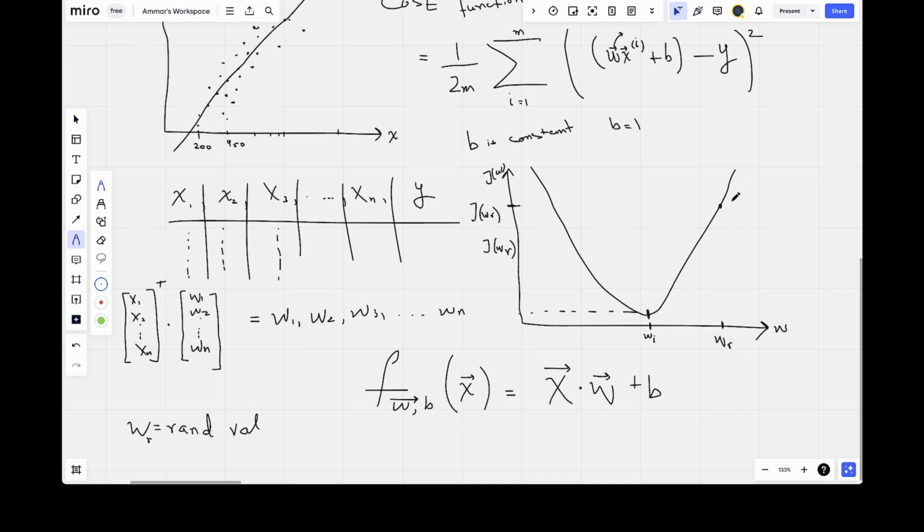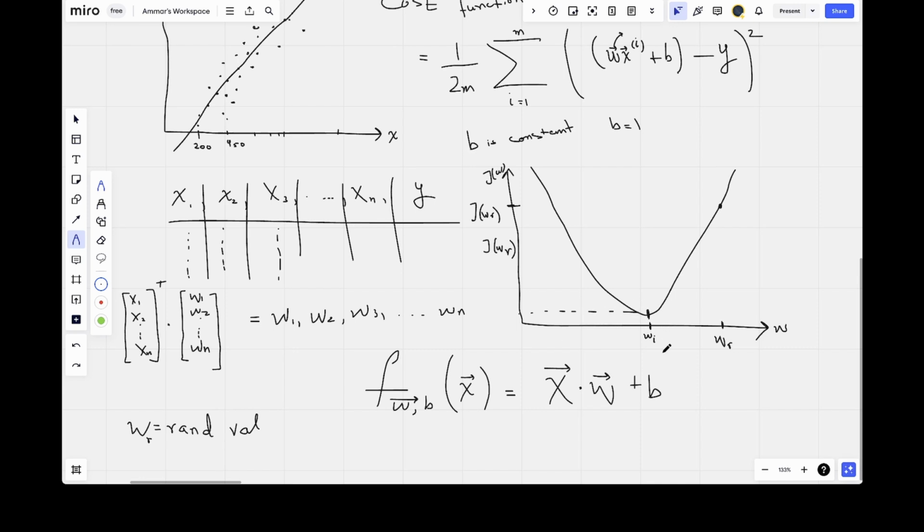But how does our algorithm get an idea whether it should increase or decrease the value of w? For all we know, wr could have started over here, and in this case you'd want the algorithm to increase the value of w to get to the global minima, not decrease it.